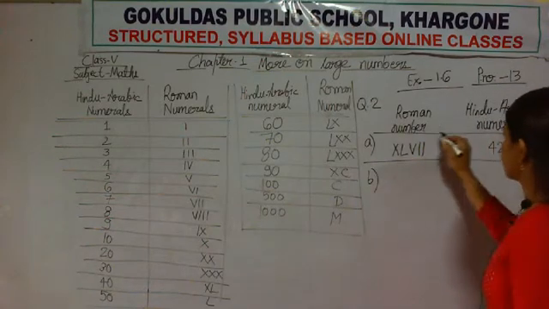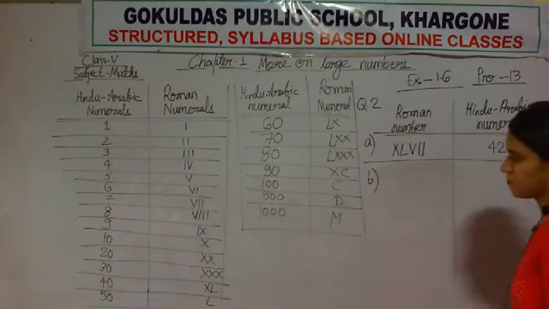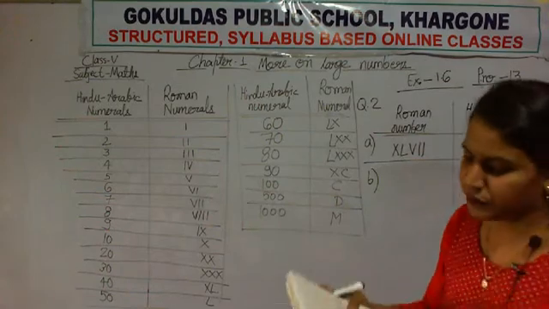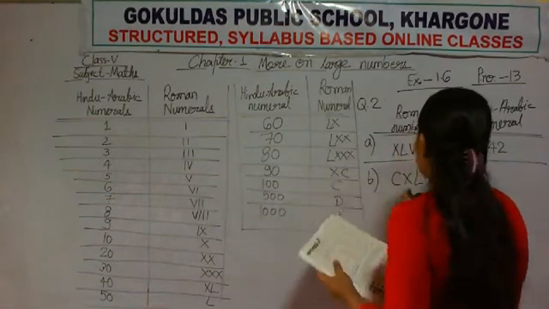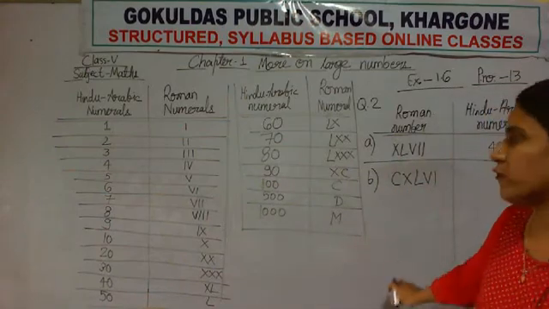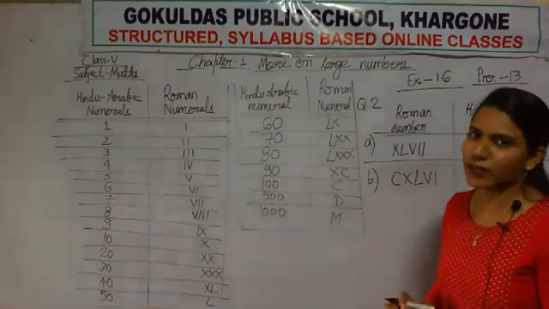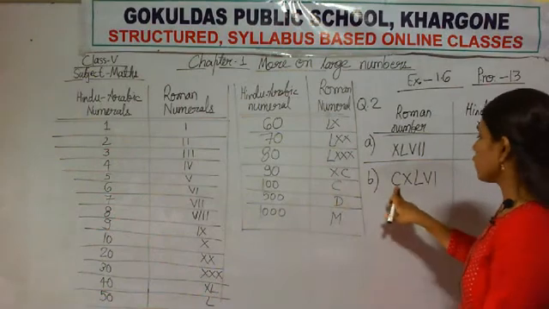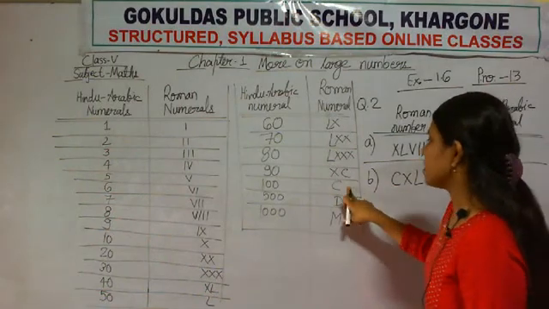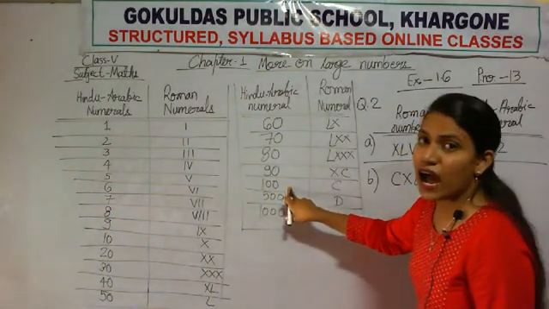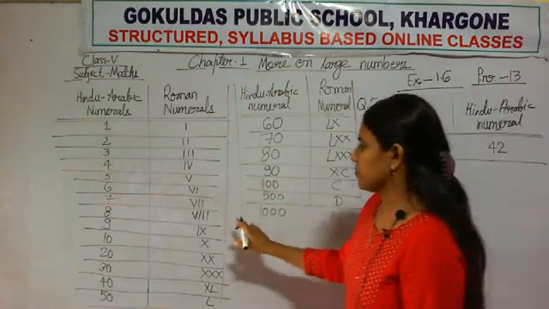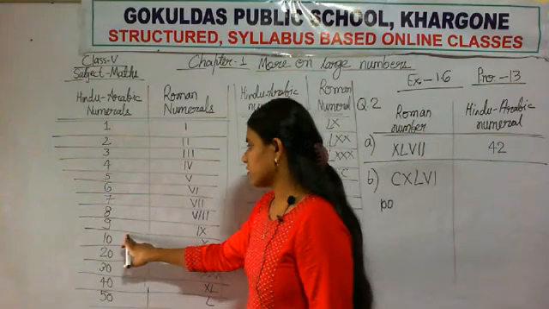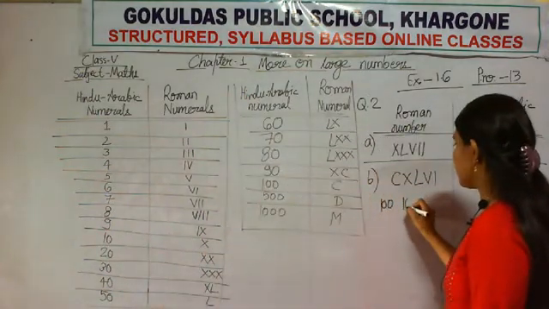Part B: it is given CXLVI, and for this you want to write the Hindu-Arabic numeral. You know that the Roman symbol C represents 100. X shows 10.